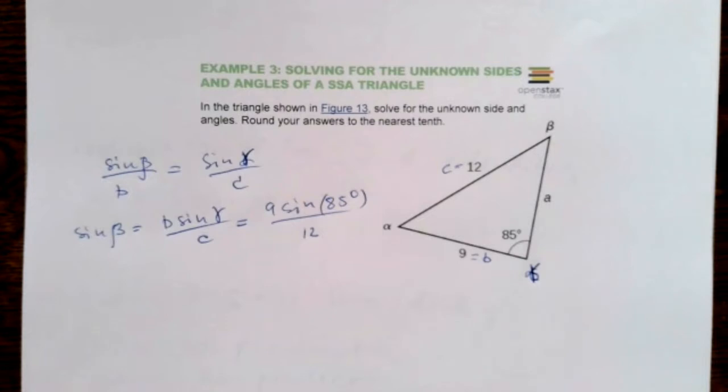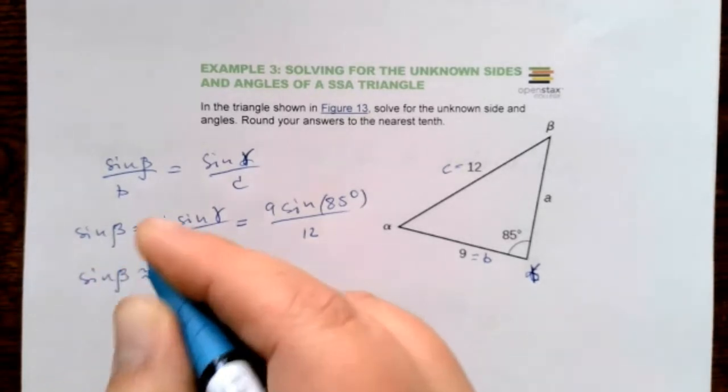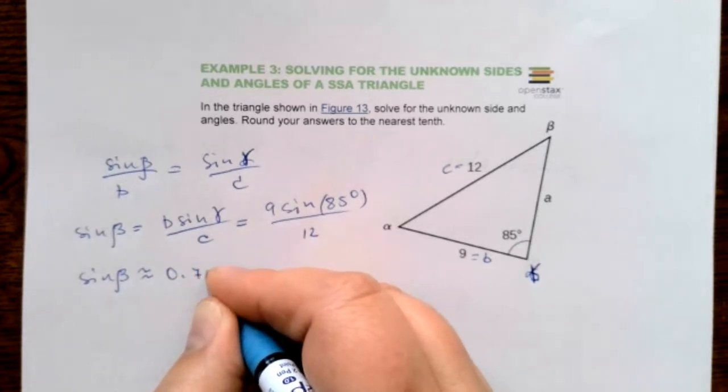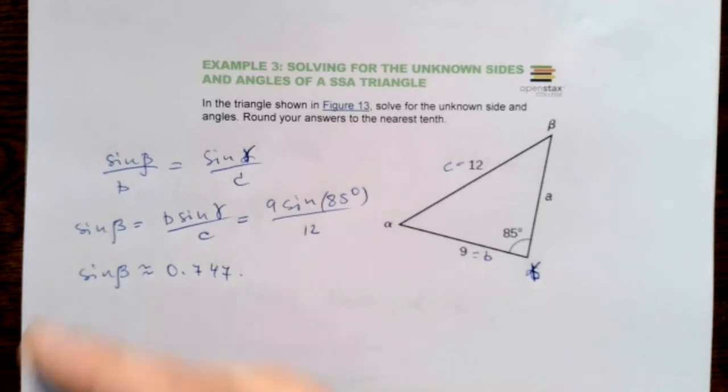Okay, let's put it into our calculator. So sine beta is approximately 0.747.